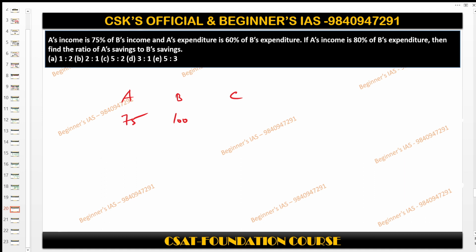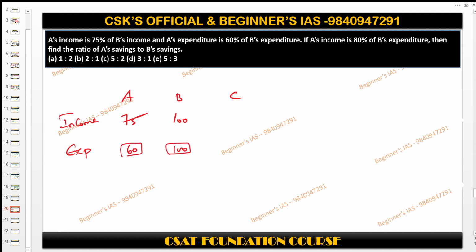That's it. So this is income. A's expenditure is 60% of B's expenditure. Now let us take expenditure. If he is doing 100% of expenditure, he is doing 60. This we are calculating with respect to 100. Please remember that one.